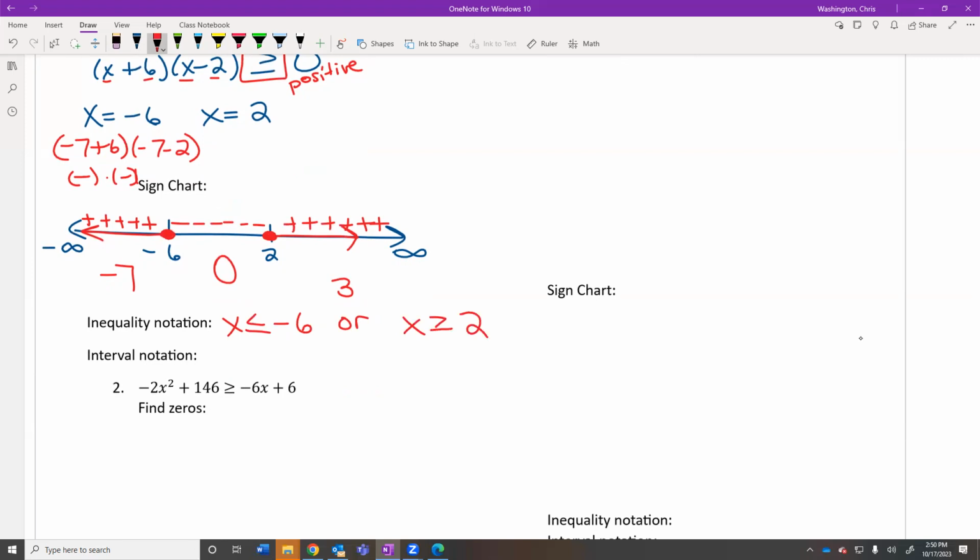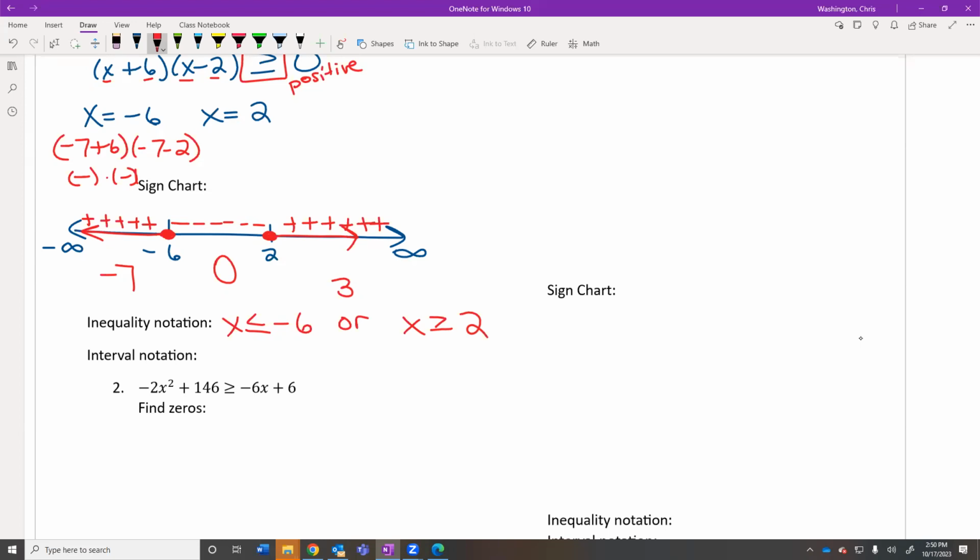So any number less than or equal to -6, or any number greater than or equal to 2, if I were to plug that into the original inequality, the inequality would be true. Any number between -6 and 2 would make the inequality false.